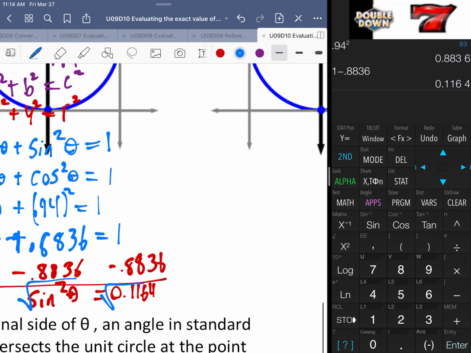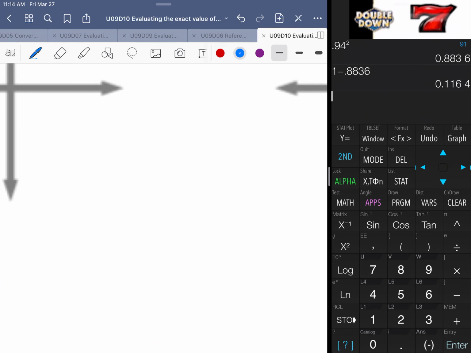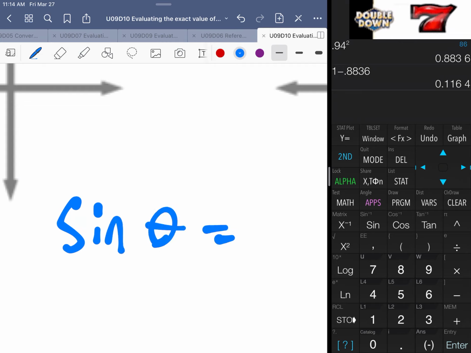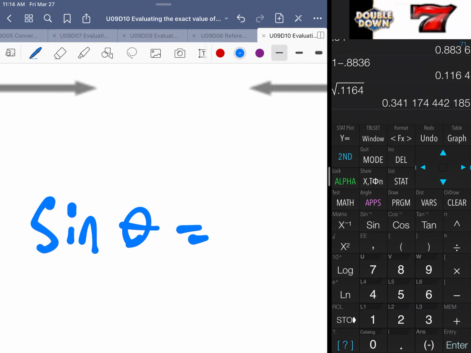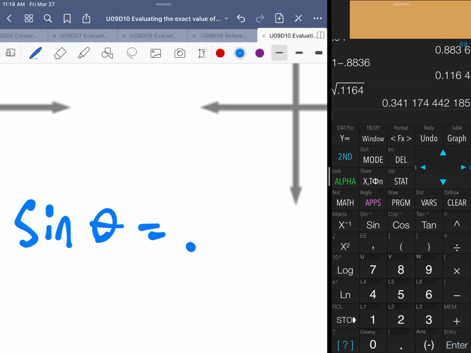I'm going to continue up here for space. So sine theta is equal to the square root of 0.1164. It's a never terminating decimal, or it's a fraction maybe because it has a pattern, we can't see it, so we're just going to have to round it a little bit, so this is going to be 0.34.